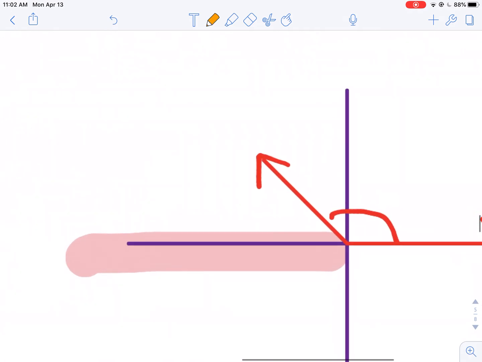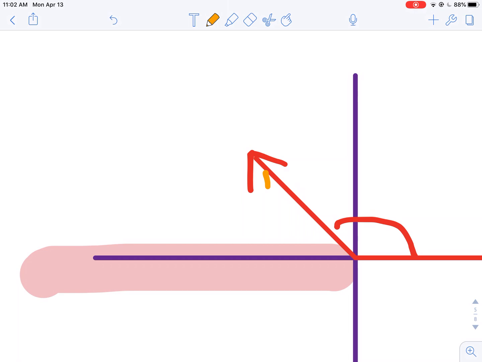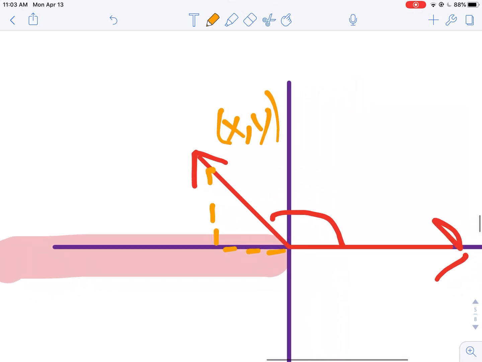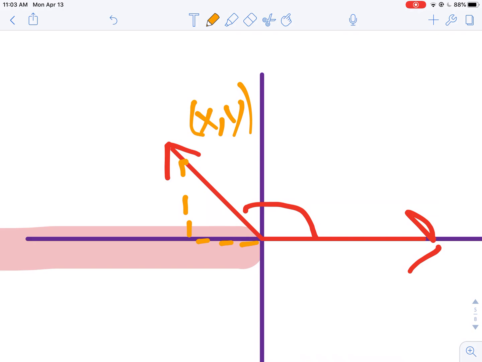So I'm going to be able to think about the fact that it still has an opposite and it still has an adjacent like this. And I'm going to be able to think about its xy coordinate that way. And so the angle is still going to relate to this close x-axis, even though it's drawn from this initial side.